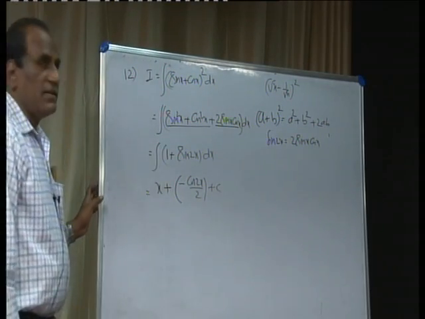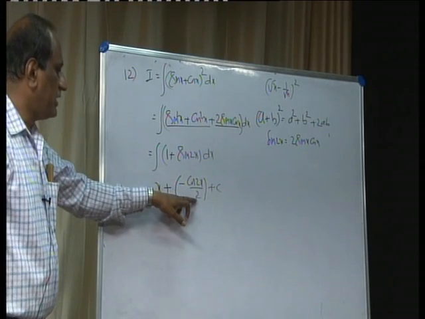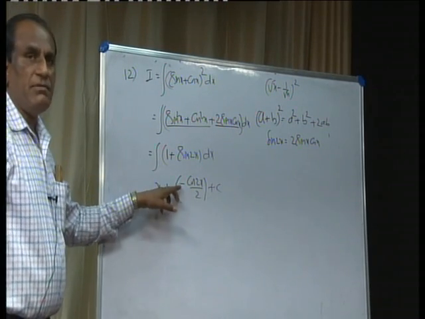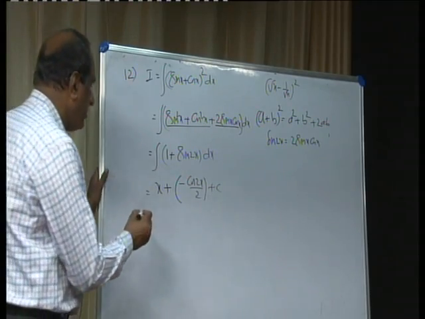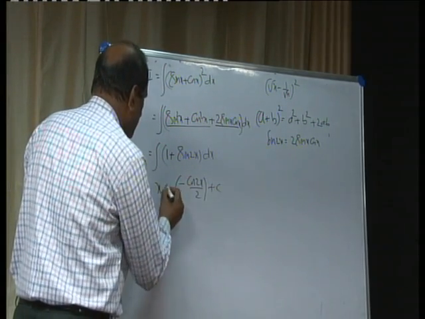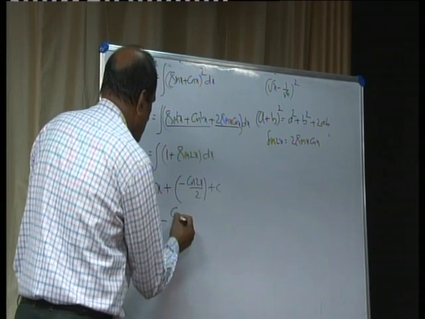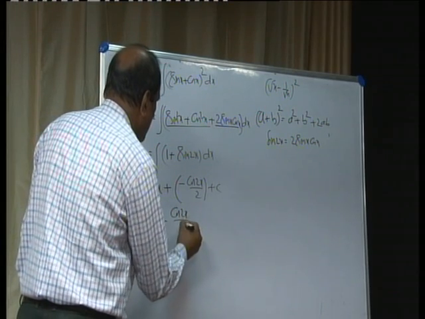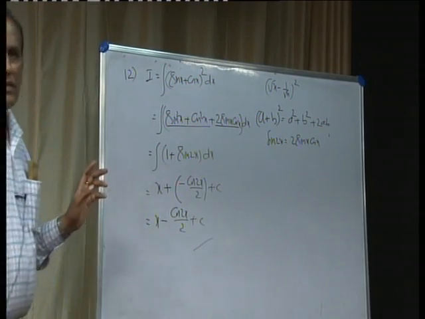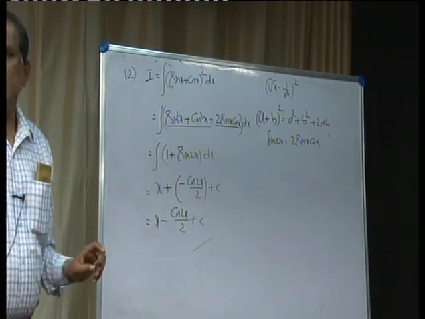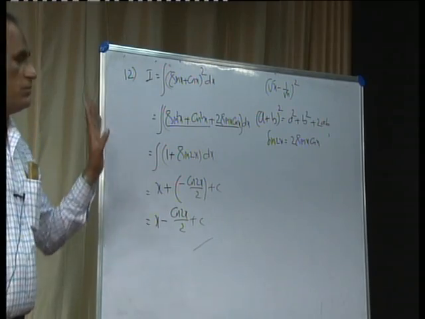Whenever you get a minus sign, it is better to use a bracket. Now remove the bracket: x plus into minus, minus cos 2x divided by 2 plus c. So this is the procedure if the binomial consists of trigonometric functions raised to power 2.